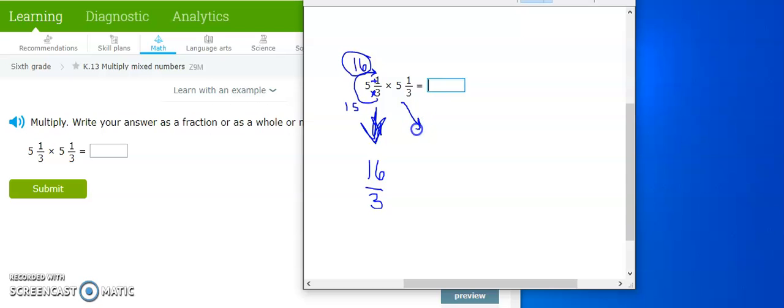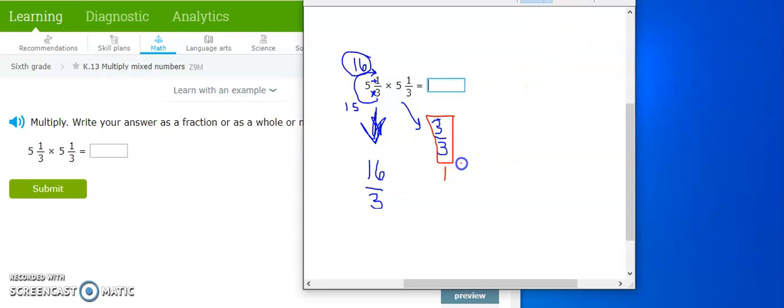One other way I can think about it, and this 5 1/3 is the same. I know that 1 whole in thirds is going to be 3 over 3, right? That's the same as 1 whole.